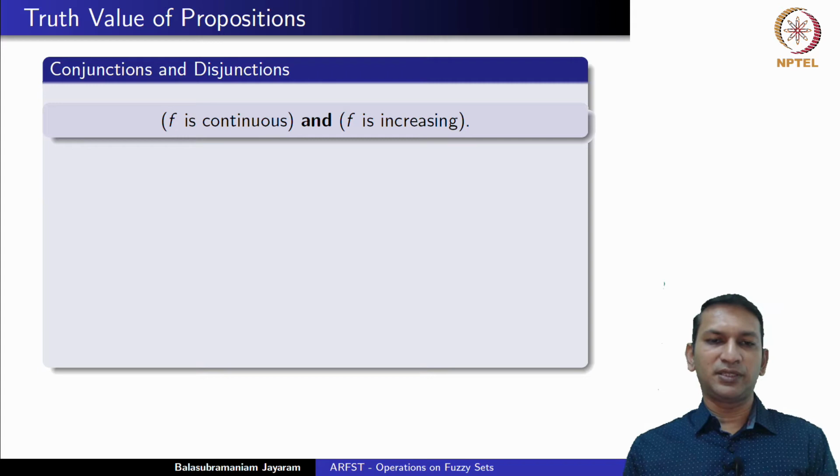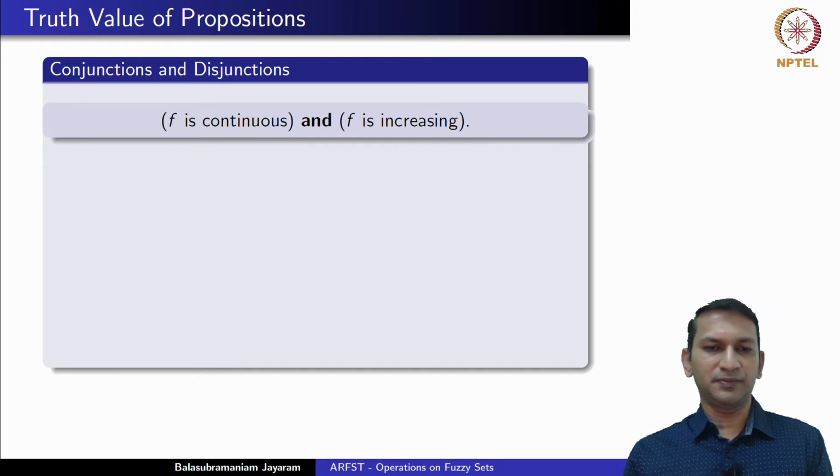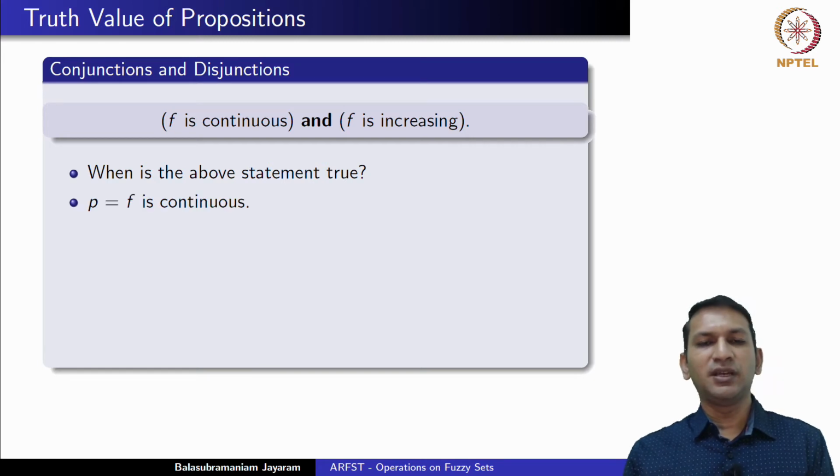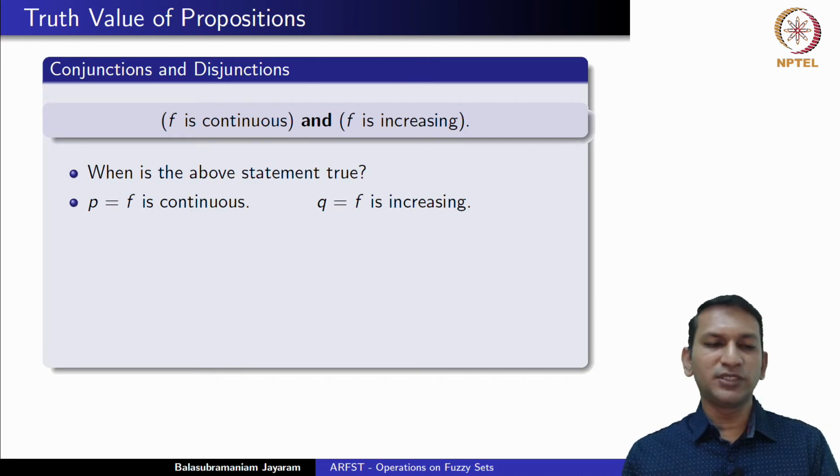Consider the statement: f is continuous and f is increasing. Now, we can ask the question, when is the above statement true? It is a conjunction of two propositions. Proposition P, which is f is continuous, and proposition Q, which is f is increasing. Now, what is a proposition?